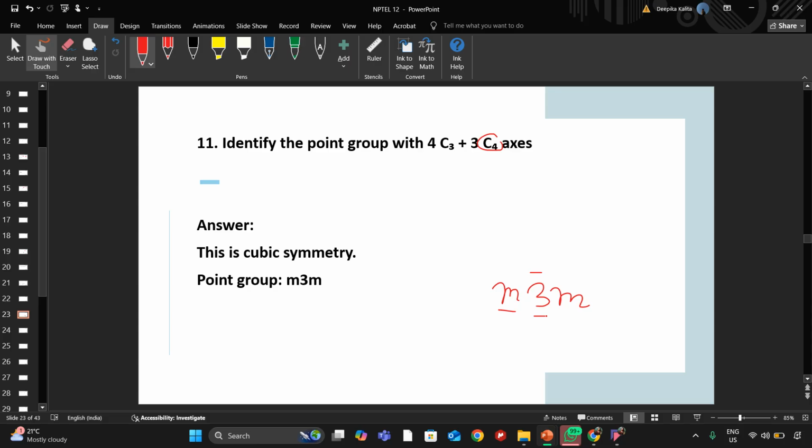These four axes run along the four body diagonals of the cube. And the third position m refers to diagonal mirror planes passing between the axes, and there are six such diagonal planes.